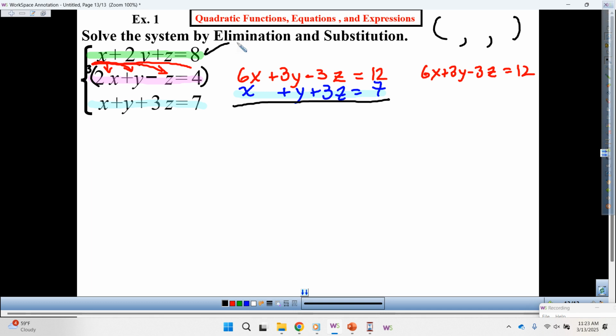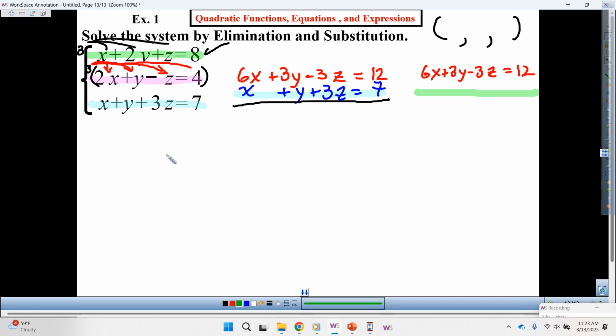Look up. This equation is going to go over here. So let me put a highlighter over here of green. It needs to go here, but the z has to be a what in order to eliminate that negative 3z? A positive, right? So we need to multiply times 3 as well.